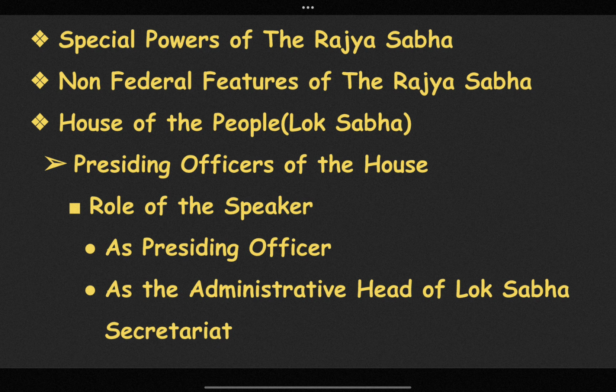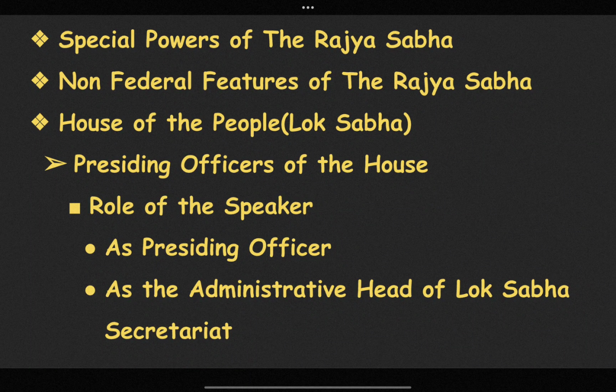The Speaker is not to preside over the sitting of the Lok Sabha during the discussion on the resolution of his removal, but he has the right to speak in and to take part in the proceedings of the House while any resolution for his removal from office is under consideration, and is entitled to vote only in the first instance on such resolution. Means as a member, not to cast a vote.